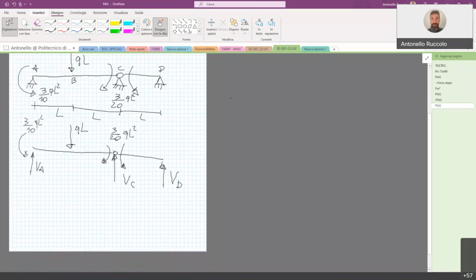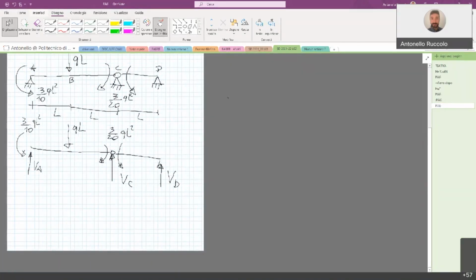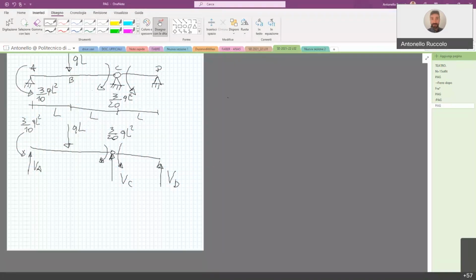So we have equation 1. I'm not computing everything, but it is the equilibrium to the rotation in the node C in the only beam CD, and it is equal to 0.